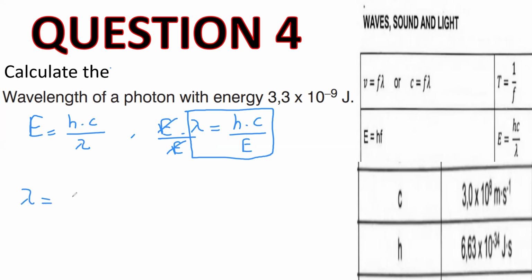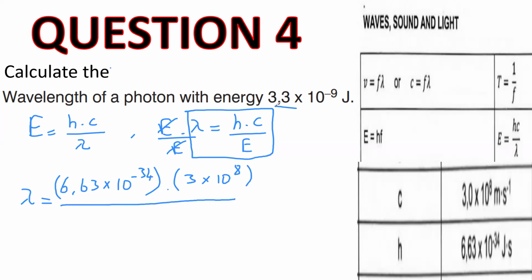Wavelength is equal to h, a constant number, 6.63 times 10 to the power of negative 34, times the speed of light, 3 times 10 to the power of 8, over the energy given in our question, 3.3 times 10 to the power of negative 9 joules.